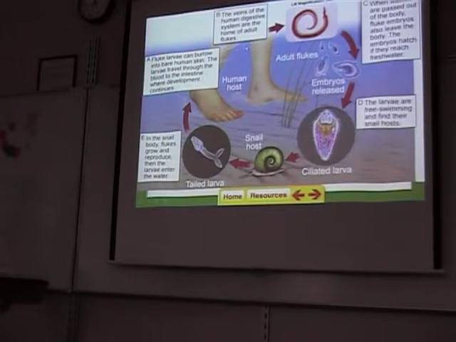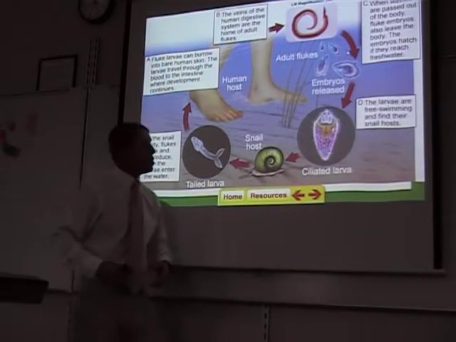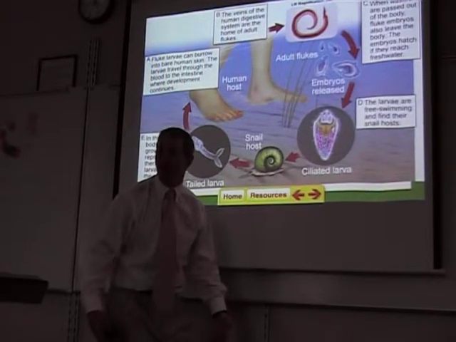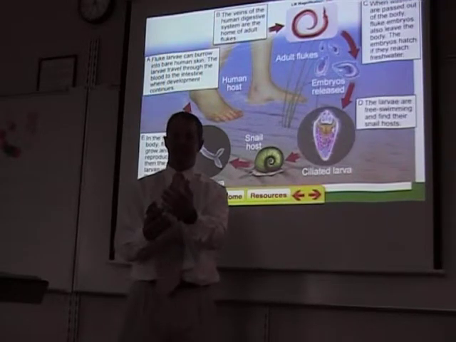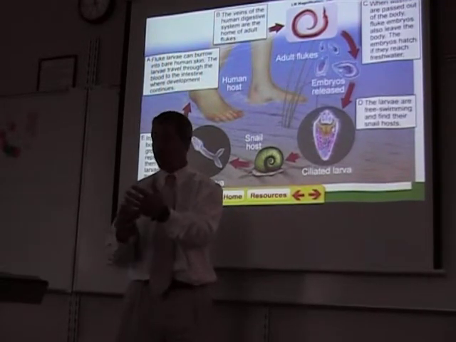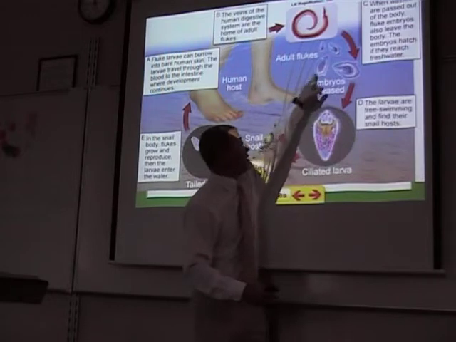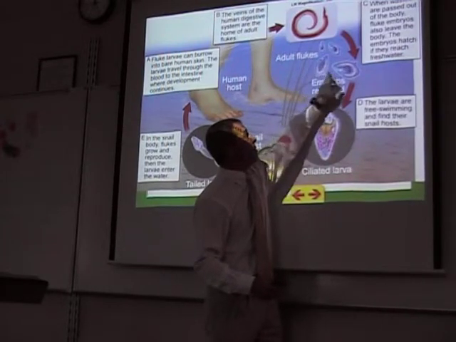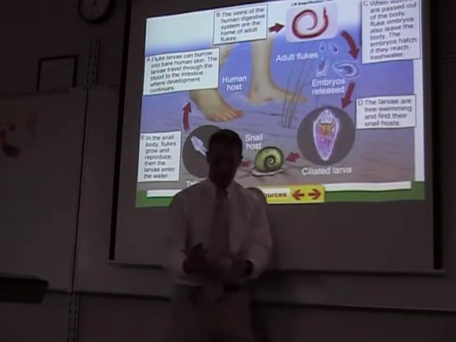You said it kills something. So they live in your blood vessels and they lay a bunch of eggs into your intestine. And what happens is you go to the bathroom and in the feces, the number 2, these little embryos are in there.